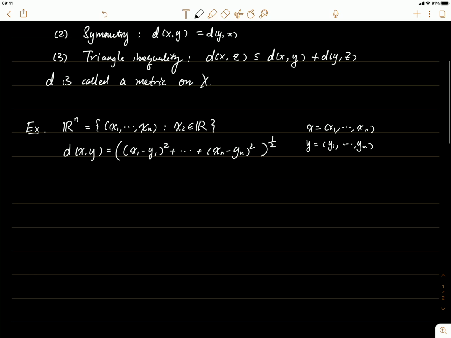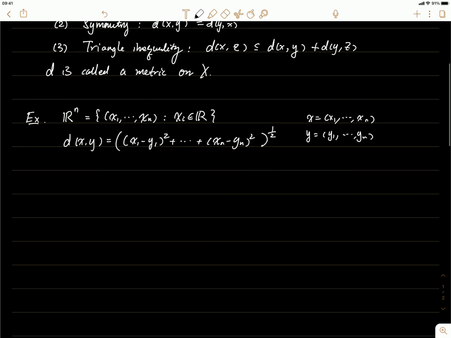Okay, so that's probably the simplest example for metric space, but we're going to study more complicated ones in this class because our subject of interest in this course is about functions. So our X will be a space or set of functions, and we're going to evaluate the distance between functions.